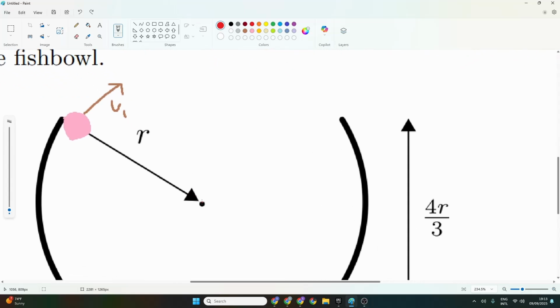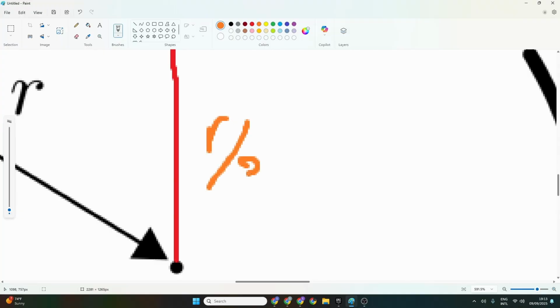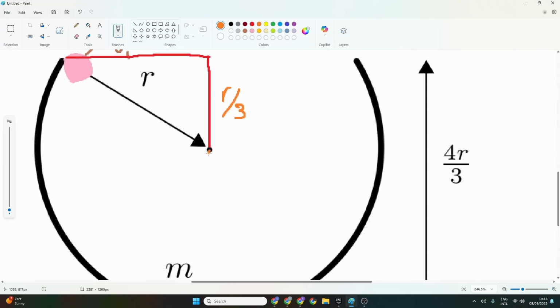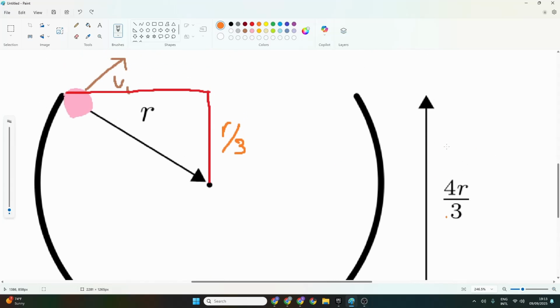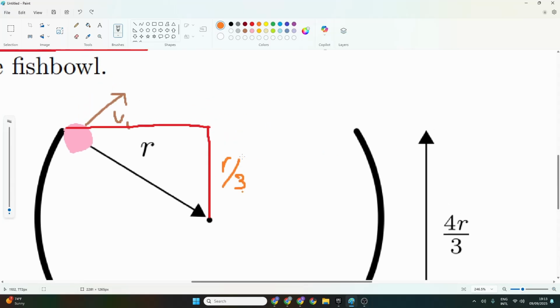So, remember, this distance right here, the vertical one, is going to be equal to r/3. How do we know that? Well, this is equal to r, and this total is 4r/3. So then this has to be r/3, meaning that we can use that to solve for this angle right here, which I will color in orange, theta.